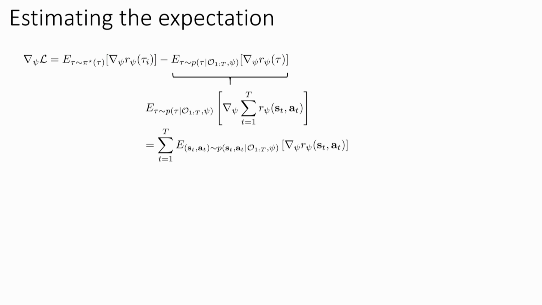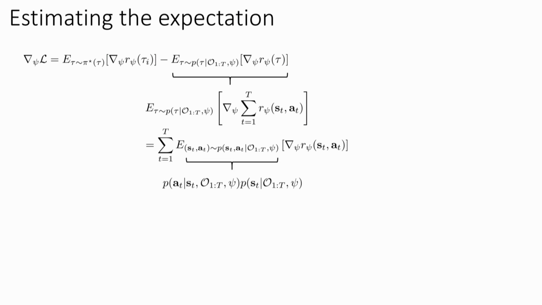So the whole expectation is over trajectories, but when the stuff inside the expectation only depends on the time step t, we can take it over just the state action marginal at time step t. Right? So now we have a sum over t of the expected value with respect to s_t, a_t of grad r psi of s_t, a_t. And now we're going to look back to the material from last lecture to help us calculate these probabilities.